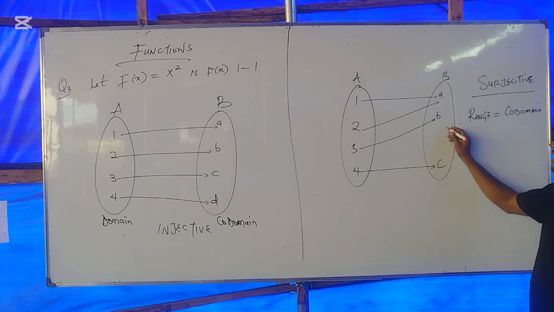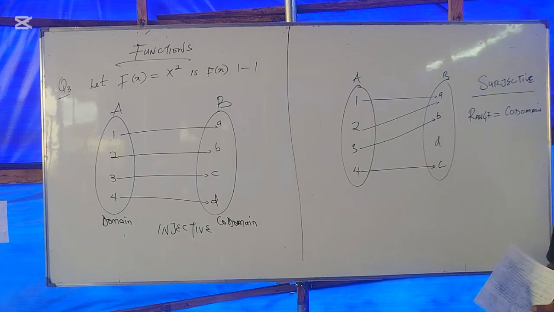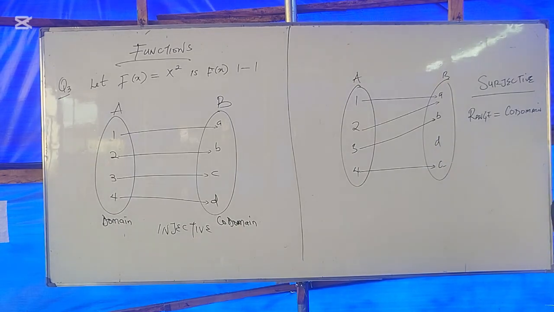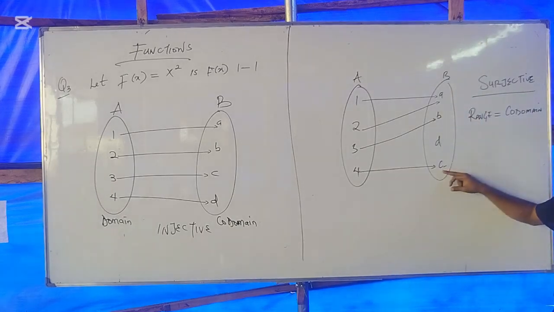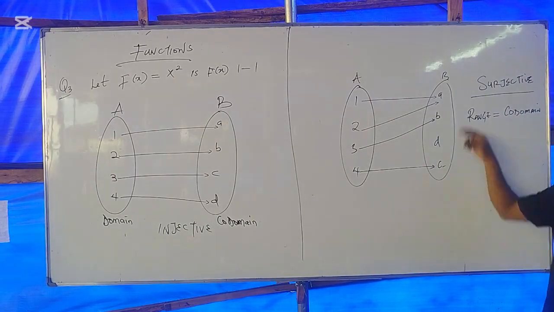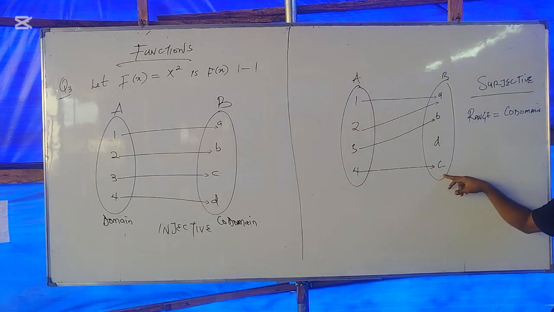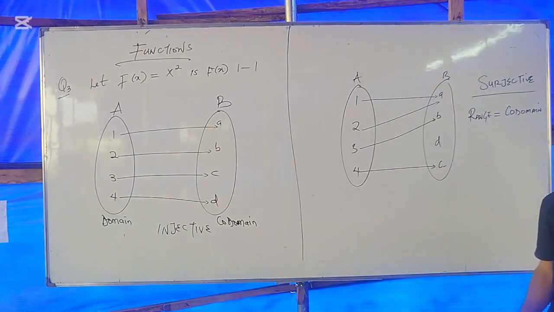If I have, let's say, here to be C, and here is D, what will be the image? You see A, B, and C, because D is not mapped to any element. But the codomain is A, B, C, D. In this case, in this diagram, the codomain is not equal to the image.